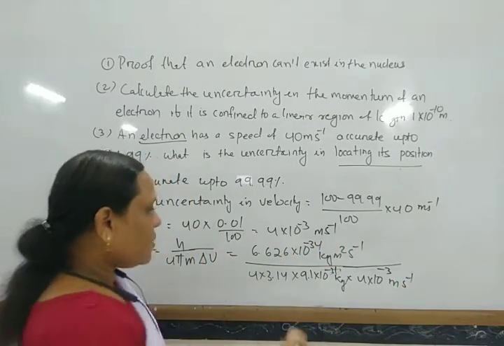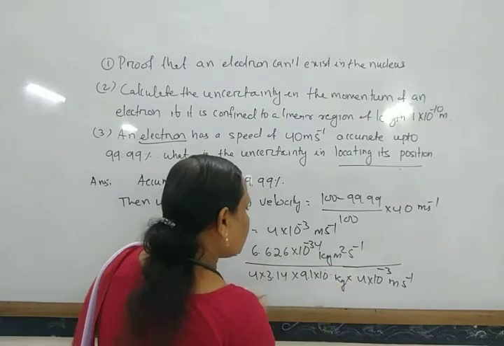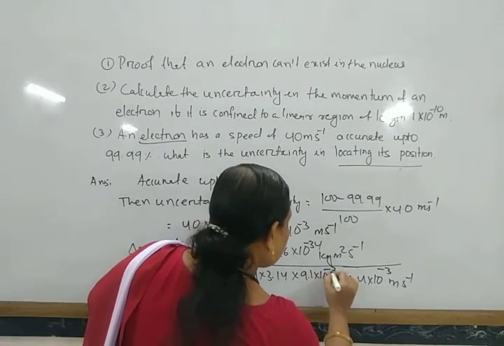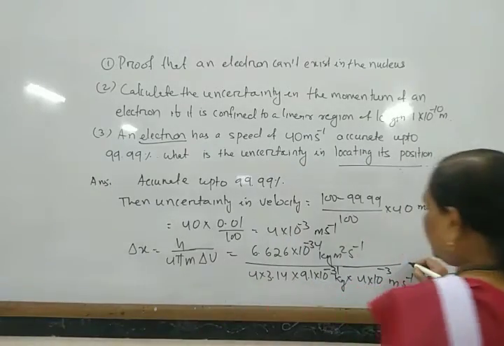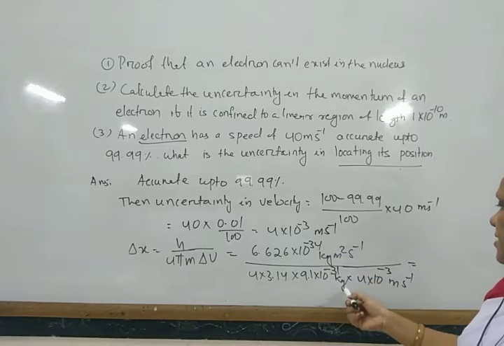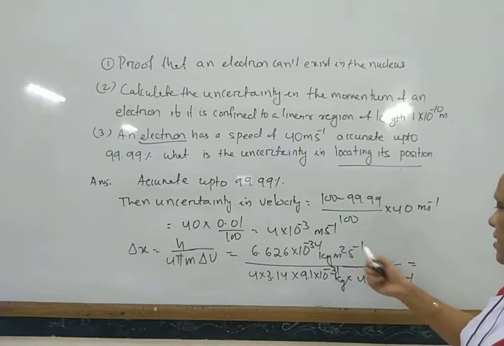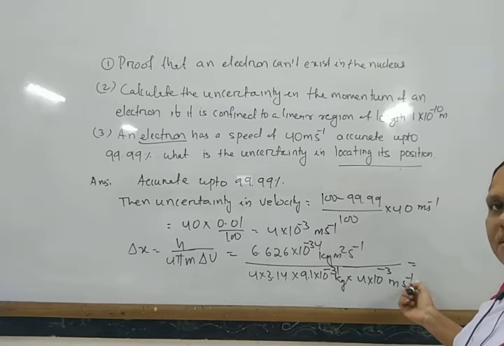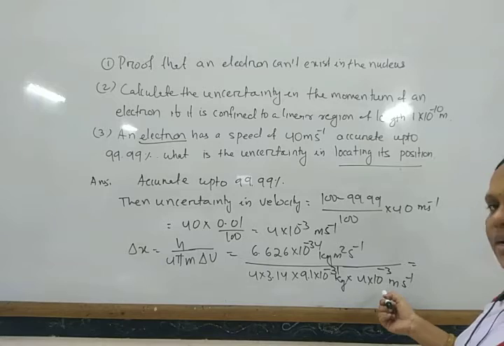Okay. So in this way, kg cancels, and meter square and meter second inverse cancels. In this way, you only find the unit in meter.